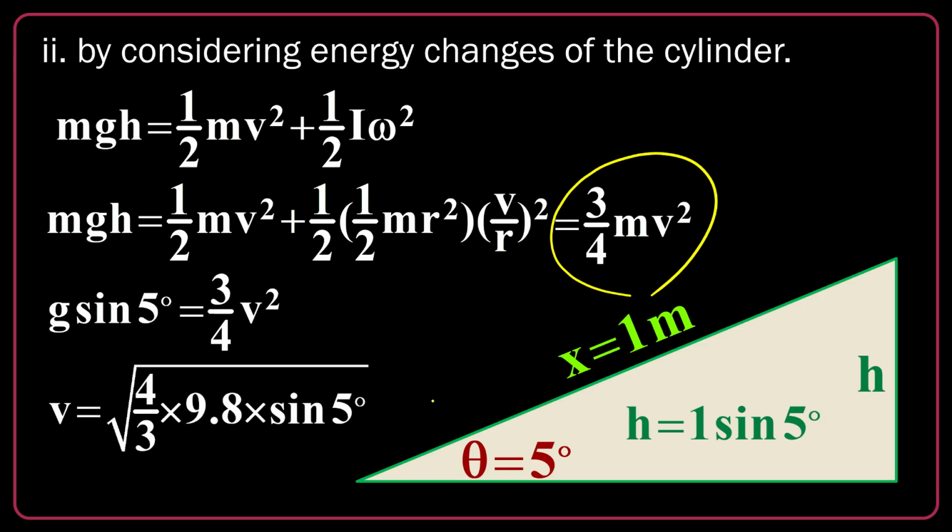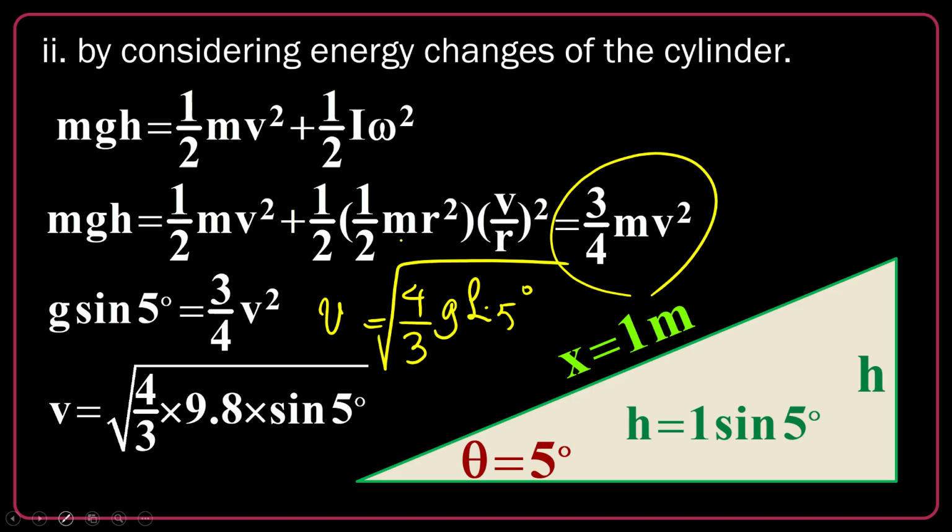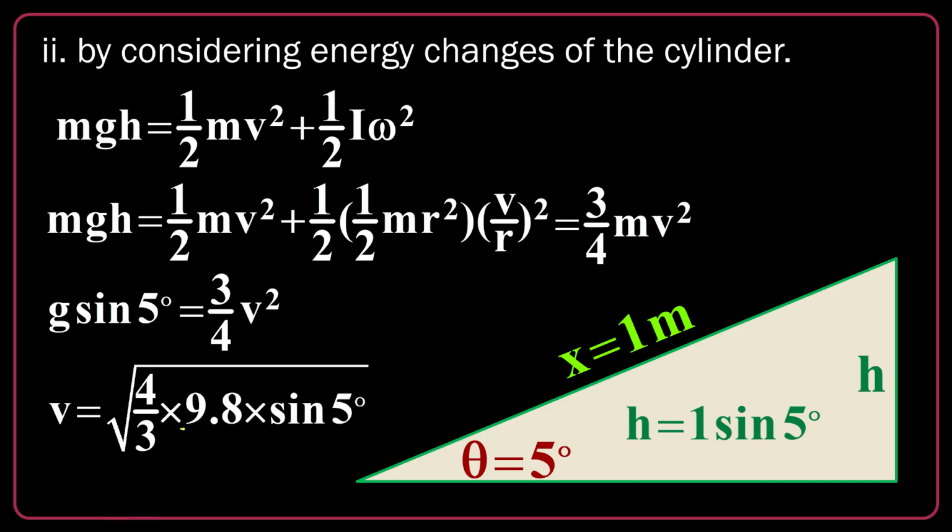And then solve it for the v. V squared is supposed to be 4/3 g sine of 5, and then I take a square root. That's all. And I have taken the g to be 9.8, more realistically. The velocity will be 1.1 meters per second, parallel to the ramp.